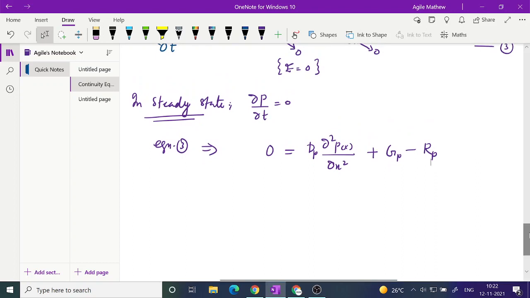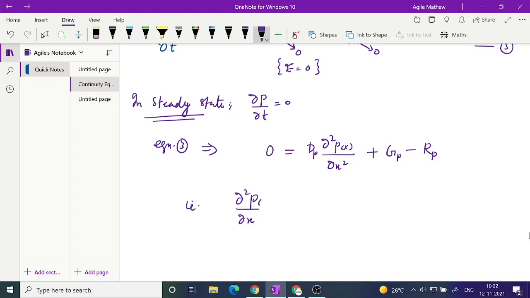Now, similar to this, we spoke yesterday about these terms gp and rp. We can rearrange this equation slightly differently. Let's take gp and rp to the other side. A standard way of writing a differential equation is to write the highest order term without any coefficient.